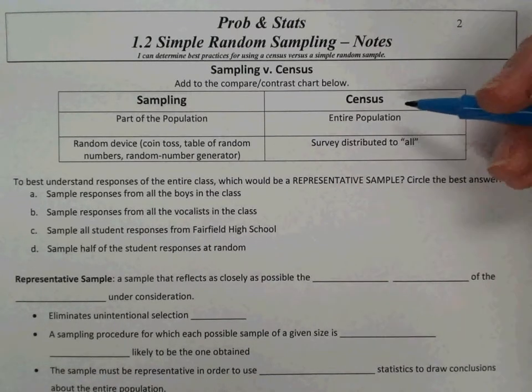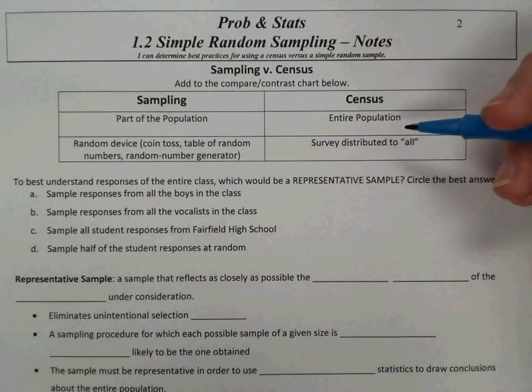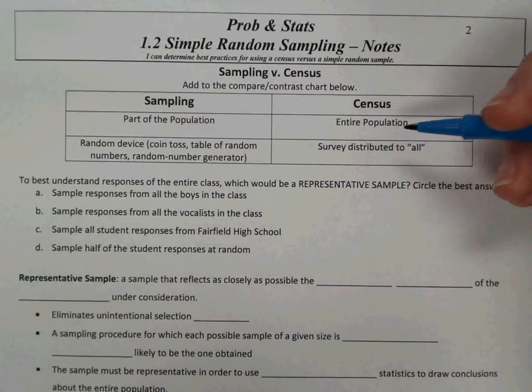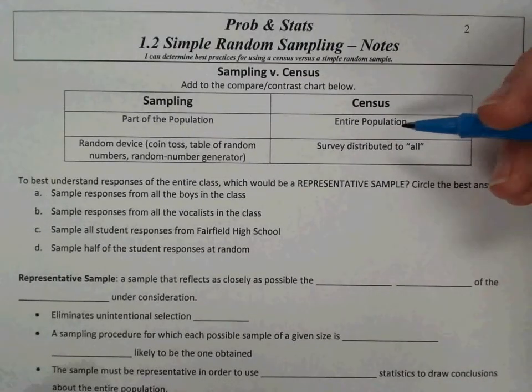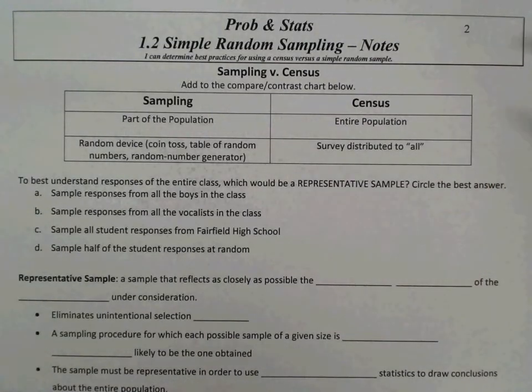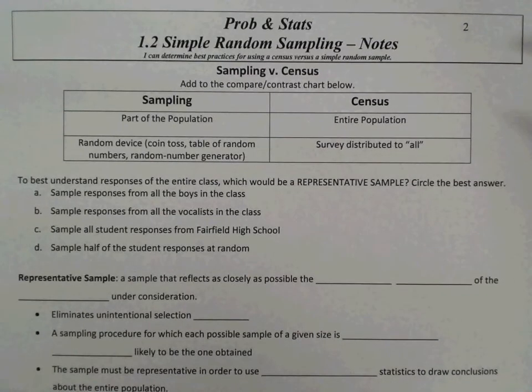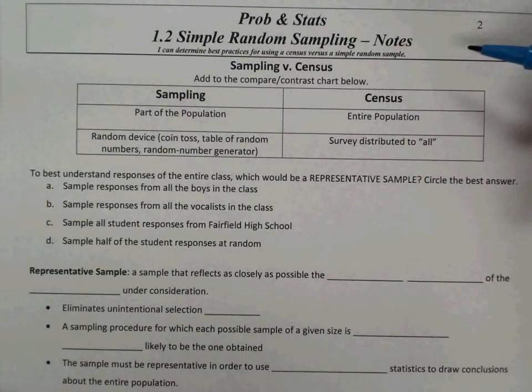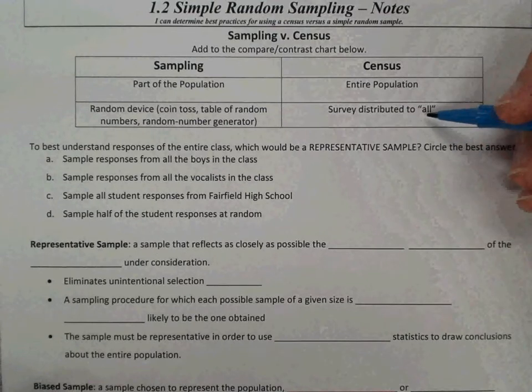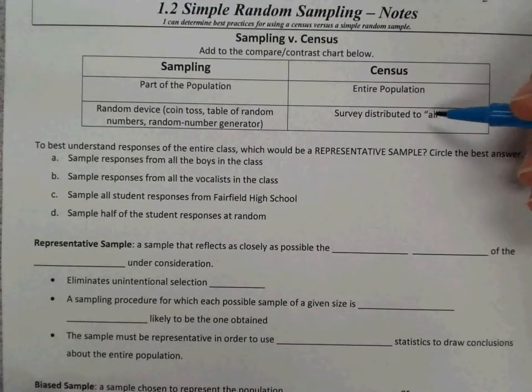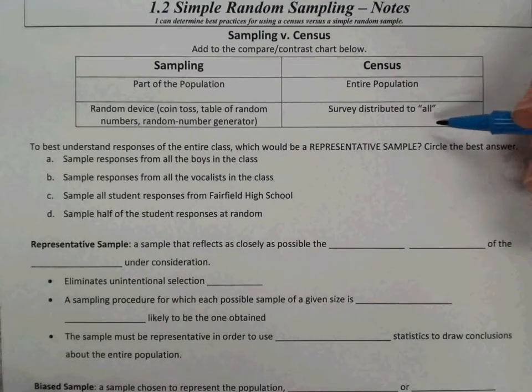And you'll see throughout this year an increase in the efforts to make sure that each individual citizen of the United States has completed a census so that we have a great understanding of the population of the United States. This is done every 10 years. So it's a survey distributed to all.